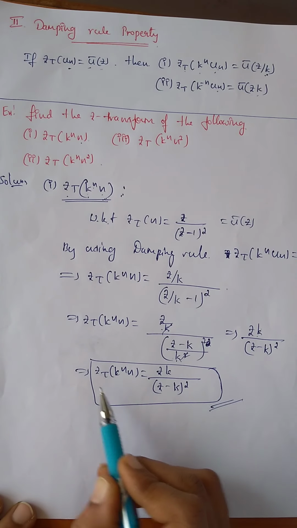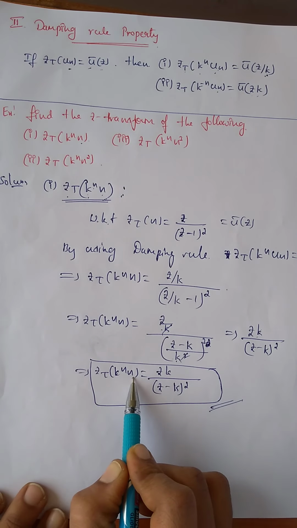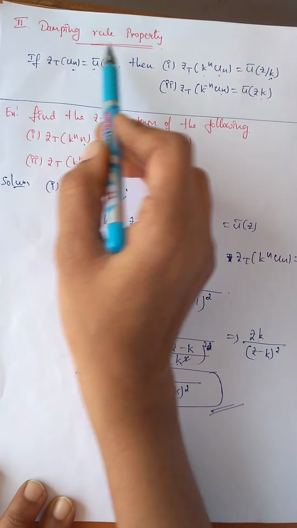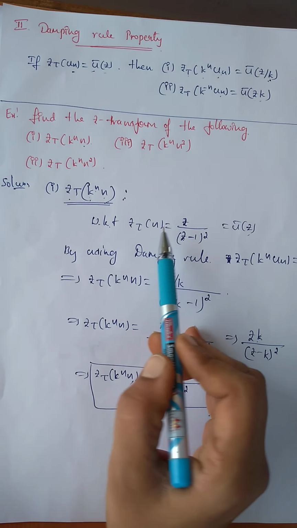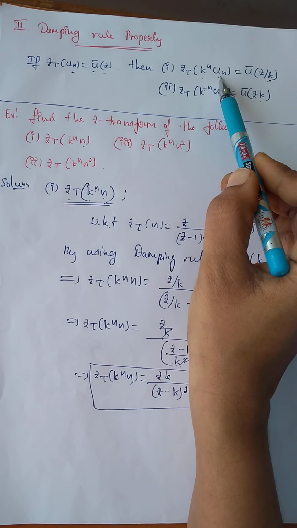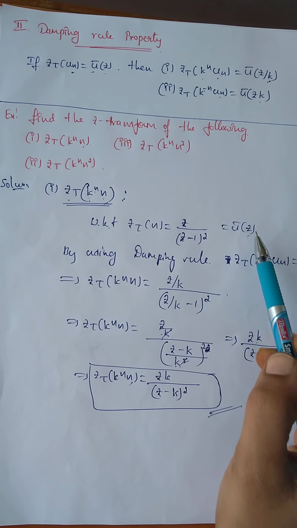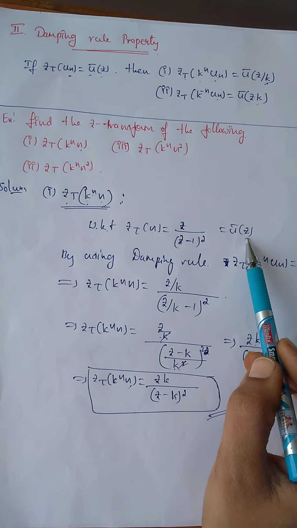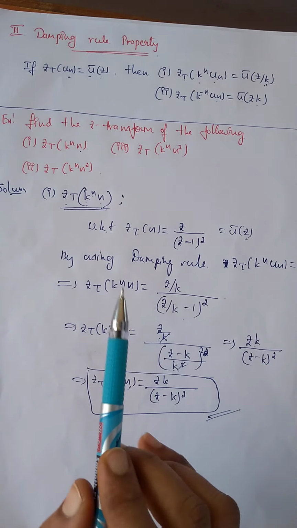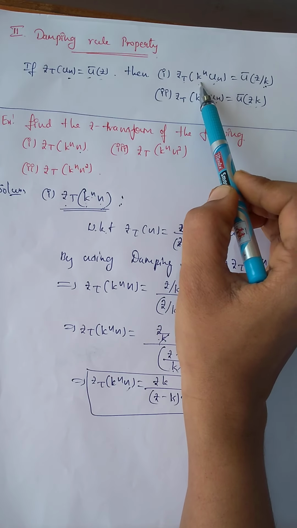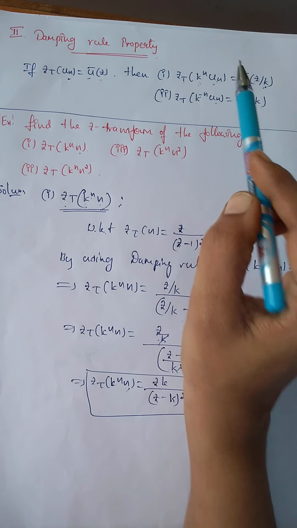This is the Z transform of k to the power of n into n. Okay, and apply the damping rule property. If you have the u bar of z solution, for this Z transform of k to the power of n into u(n), the answer is, just replace z by z divided by k in u bar of z. We will get the Z transform of the function multiplied with k to the power of n term.